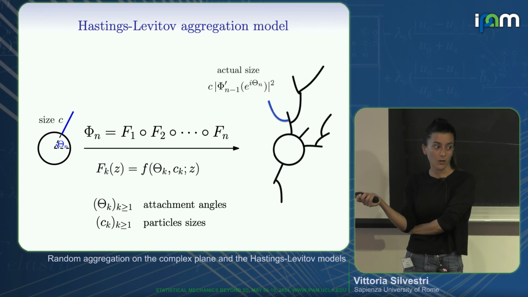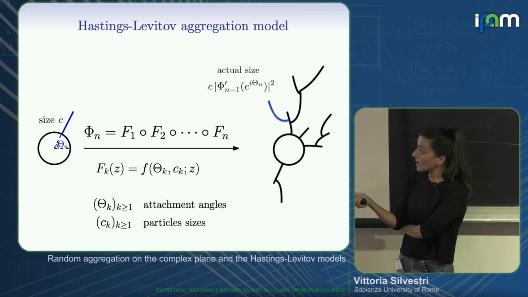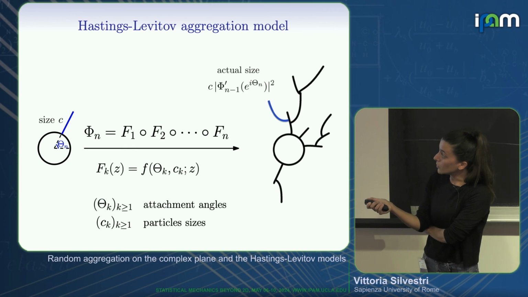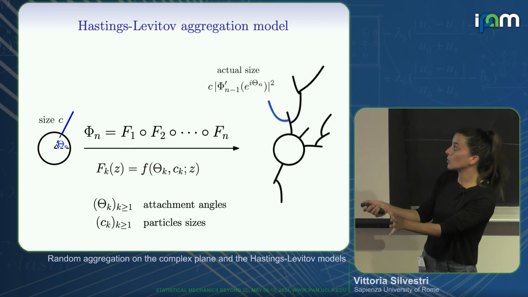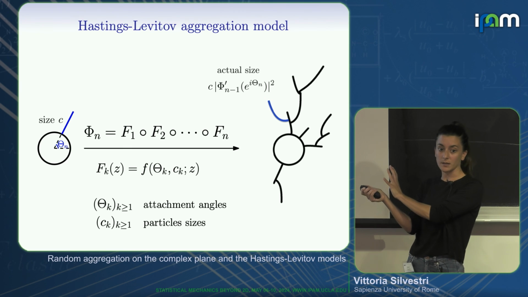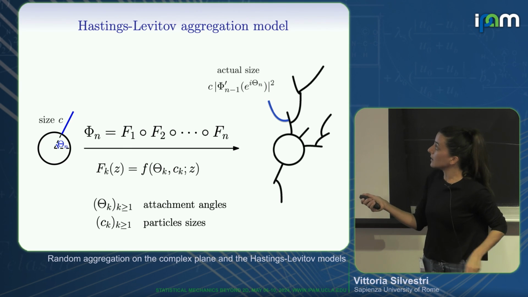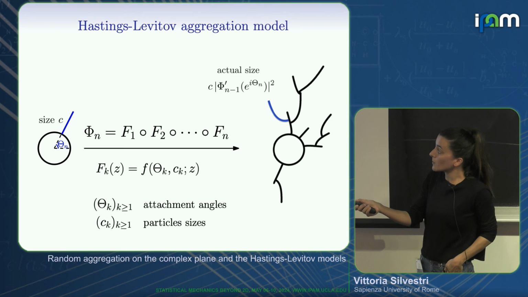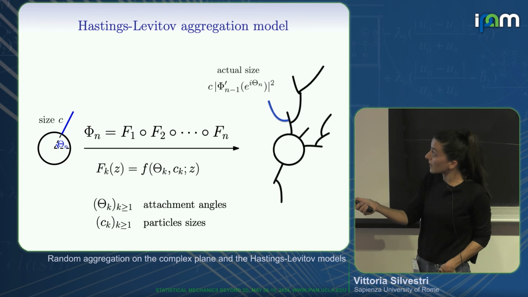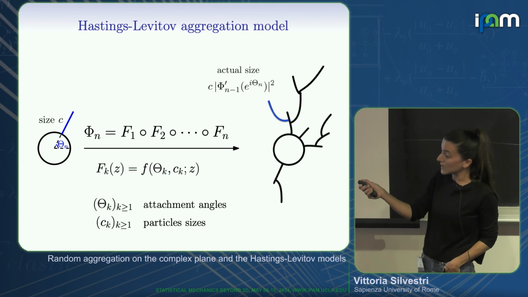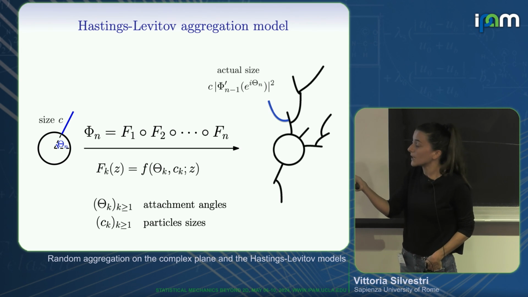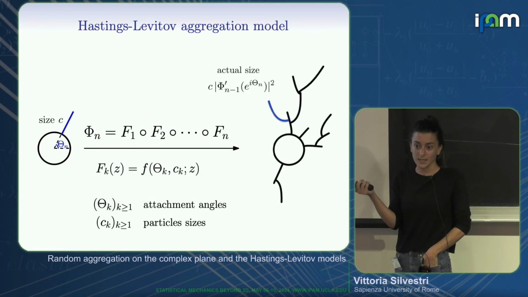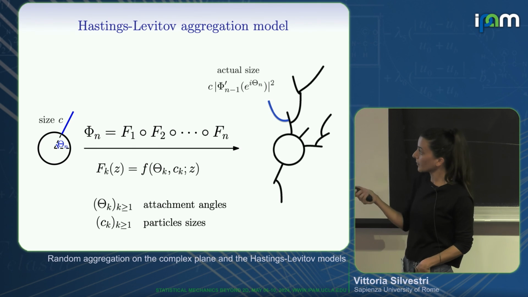So if you remember, when you attach a particle to the disk, and then to get it to the actual cluster, you grow back the previously arrived particles. And this has the effect of deforming the latest particle to something which is not really a slit. And you have to work out how much it gets deformed in order to understand the size on the actual cluster.